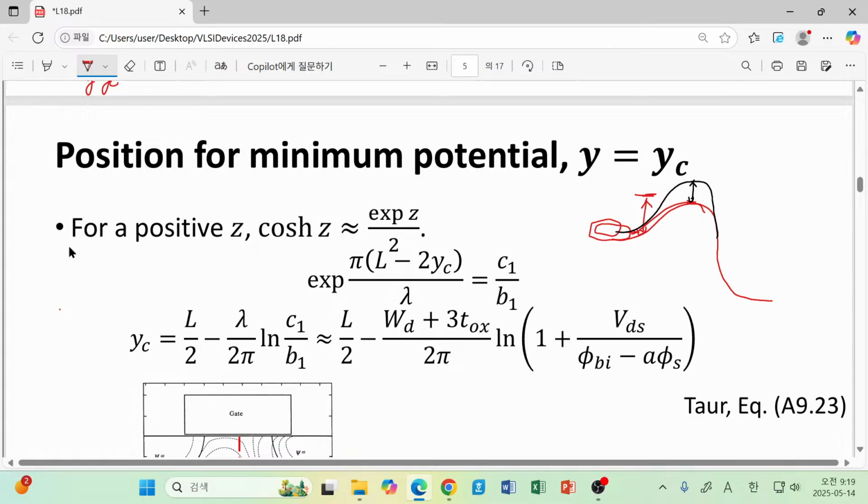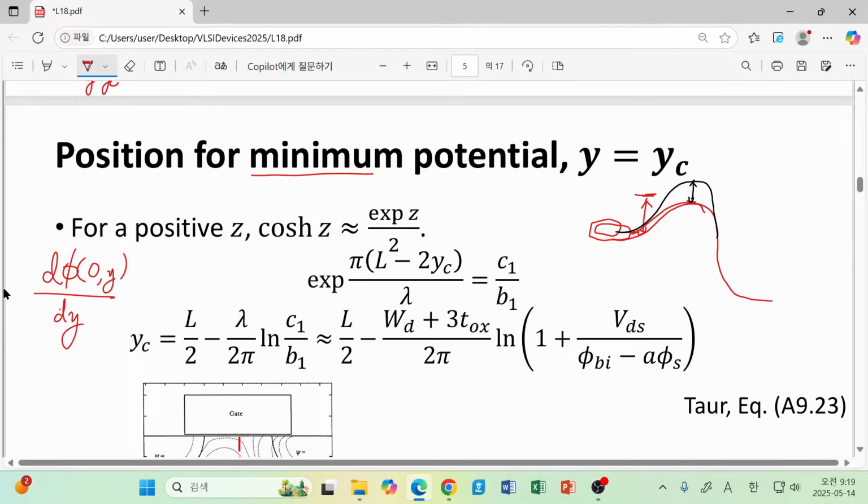So how can you find this minimum potential position? That is not that difficult. Just take one like this. This is already x comma y, x equal to 0 and y is position value.